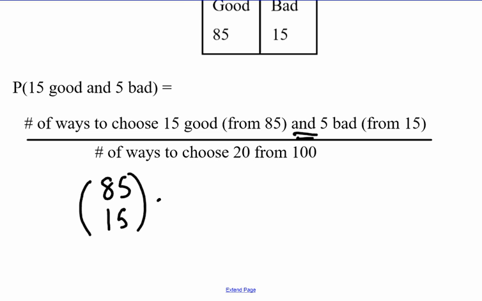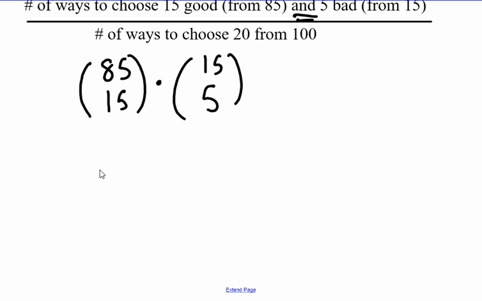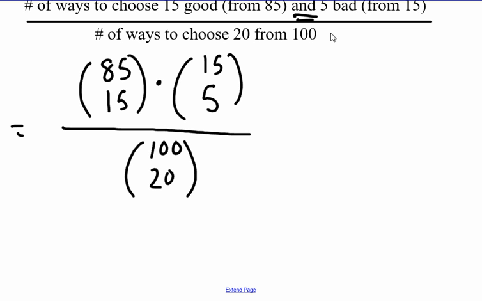And I need to multiply. From the 15 bad in there, I need to choose 5. Divided by, there were 100 total, and I'm going to choose 20. See, there's a pattern that goes on. So 85 and 15 up to the 100. 85 goods and 15 bads is the 100 total bananas. Down below, the numbers need to add up to the bottom as well. 15 goods are selected, 5 bads are selected, and 20 are going out for sale.